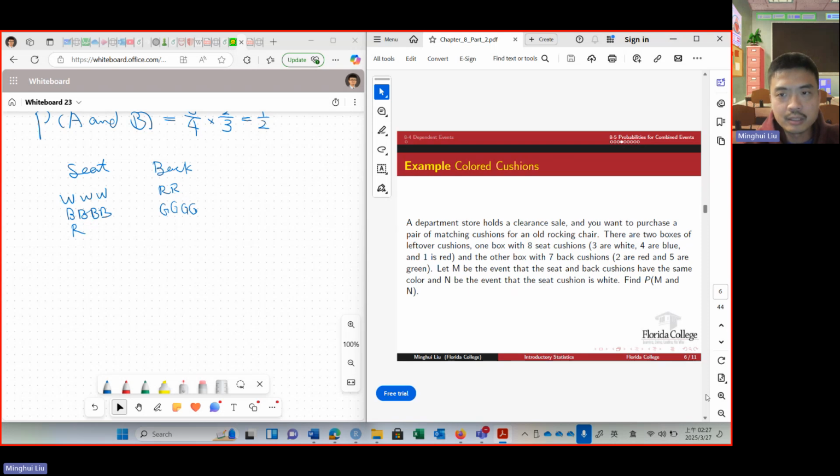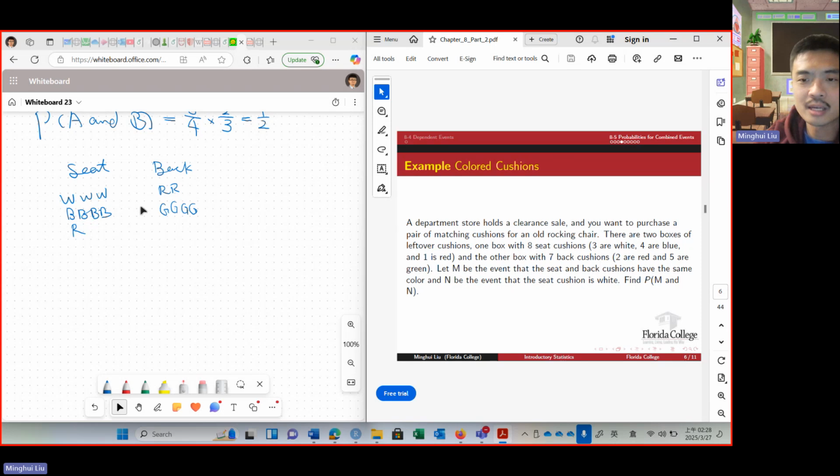On the other hand, let's use the same setting, but let's change this M and N a little bit. M being the event that the seat cushion and back cushion are the same color, so you have to choose the same color, and N being the event that the seat cushion is white. Well, I want you to think about this for a minute. Can you possibly choose a white seat cushion, yet have the back cushion be the same color as white?